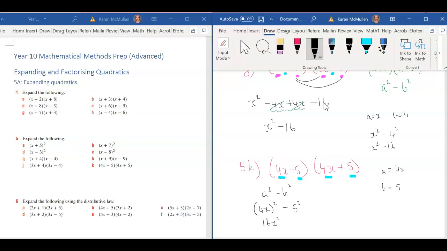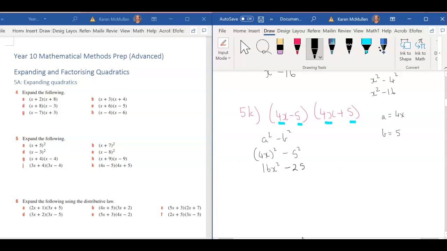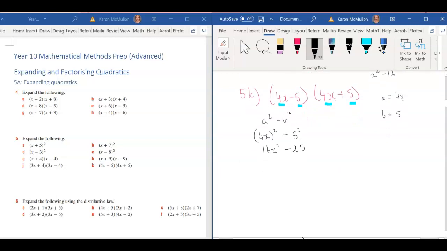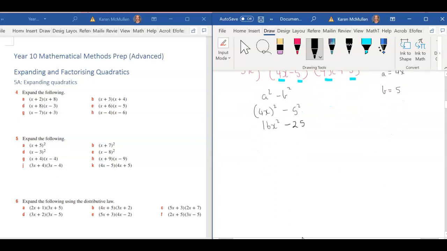So we're going to have 16x squared minus 25. You can go ahead and do FOIL to prove that it works, but you do need to know the difference of perfect squares when we do factorising. So don't always do FOIL, otherwise you're going to skip that key link with difference of perfect squares.